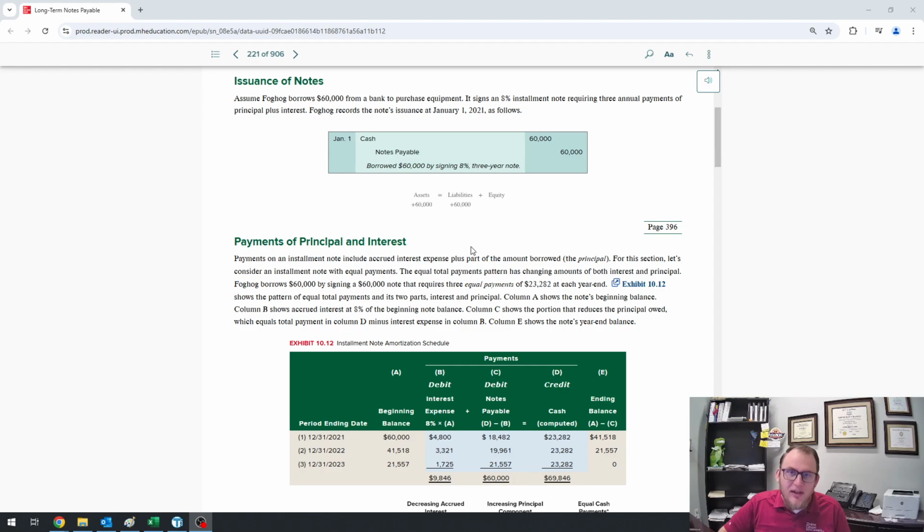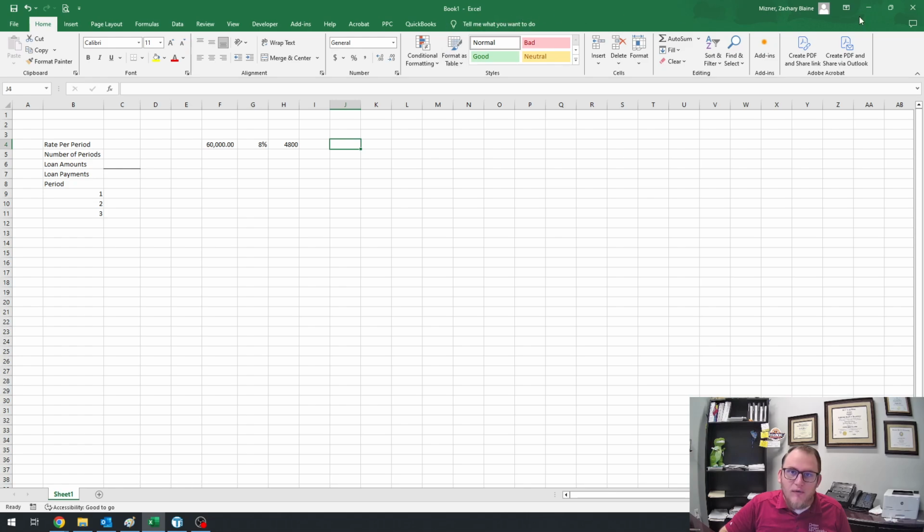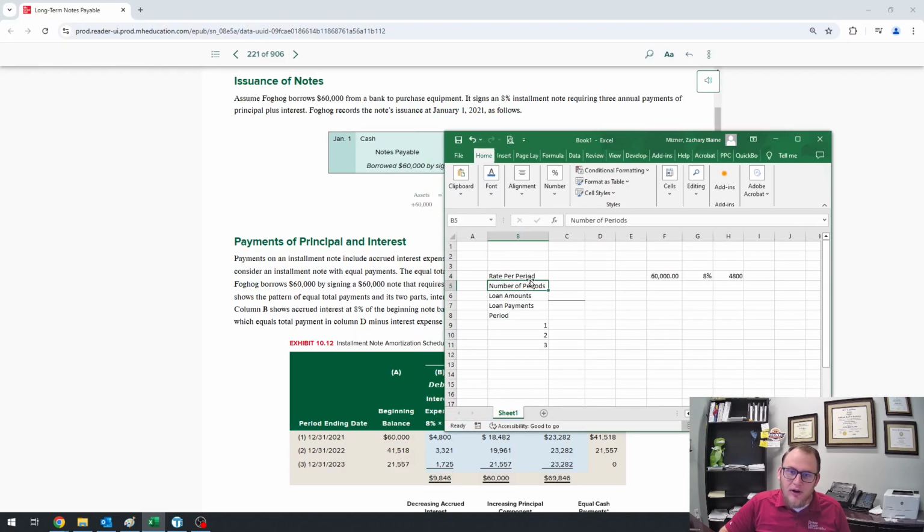So there is an Excel formula that we can use. We will need the interest rate per period, the number of periods, and the present value of the loan. How much is that loan?